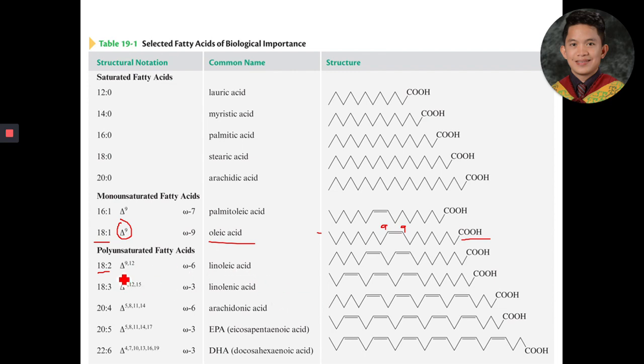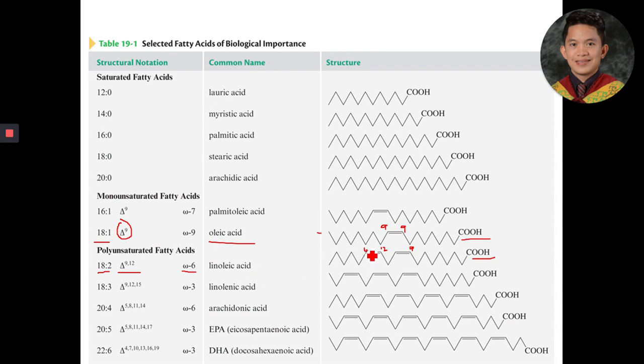So from the carboxyl end, the first double bond is located after the ninth carbon, and the second double bond is located after the 12th carbon. Now from the left side, or from the methyl end, we have here the notation omega-6, meaning the first double bond is located after the sixth carbon.